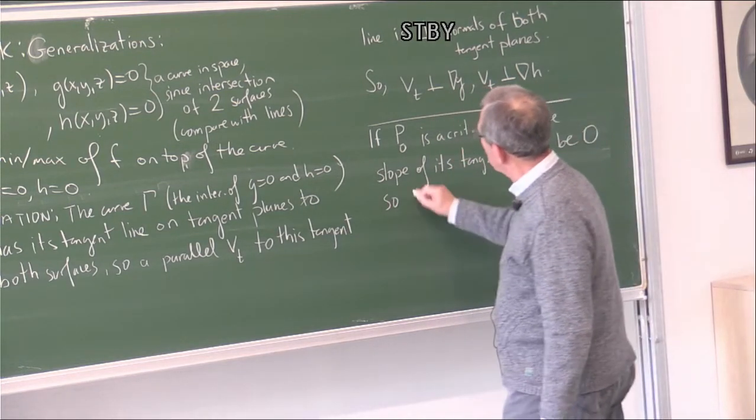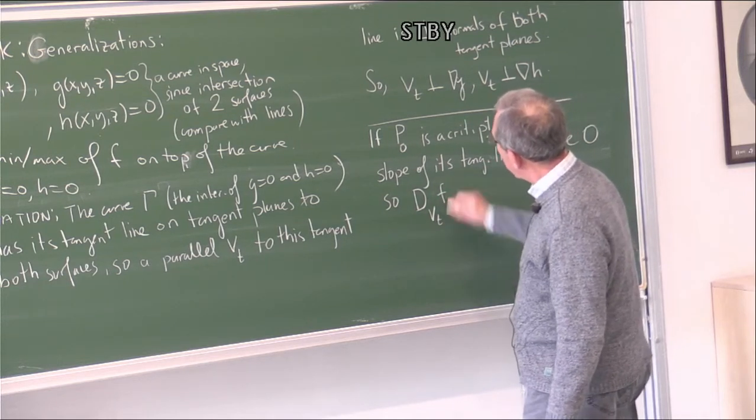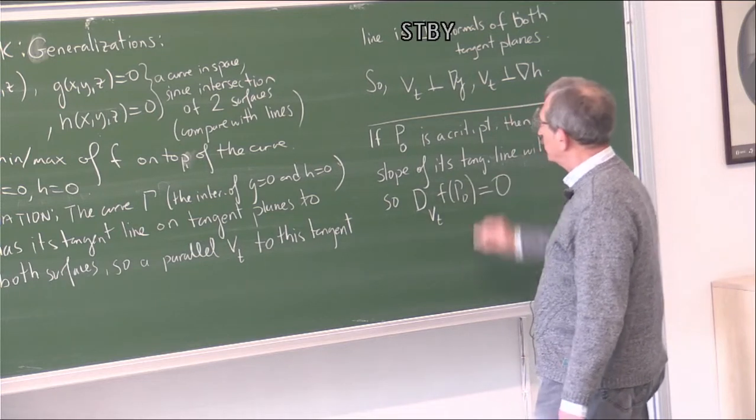So the derivative along Vt of f at P0 will be 0.